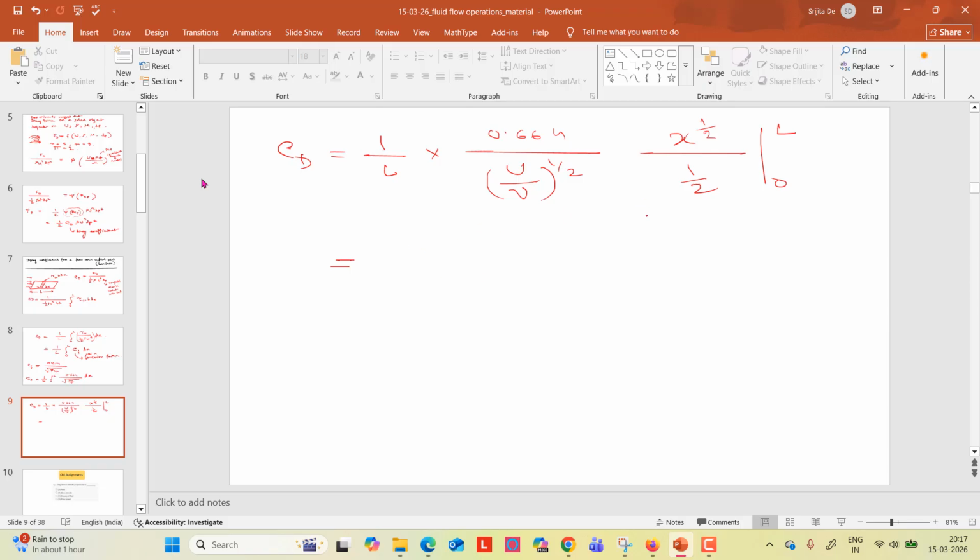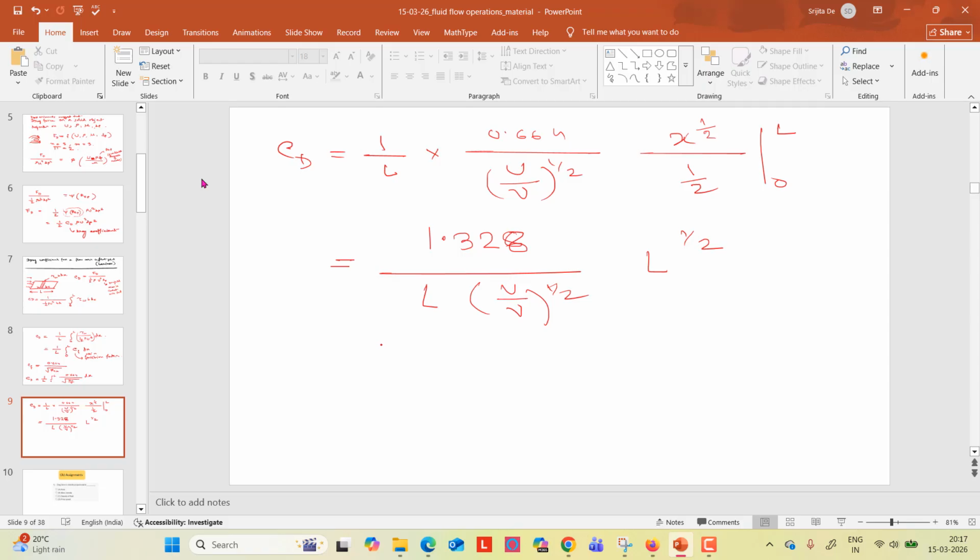It's coming as 2 into 0.664, that is 1.328, divided by L, and there is U to the power half, and it will be L to the power half, right?